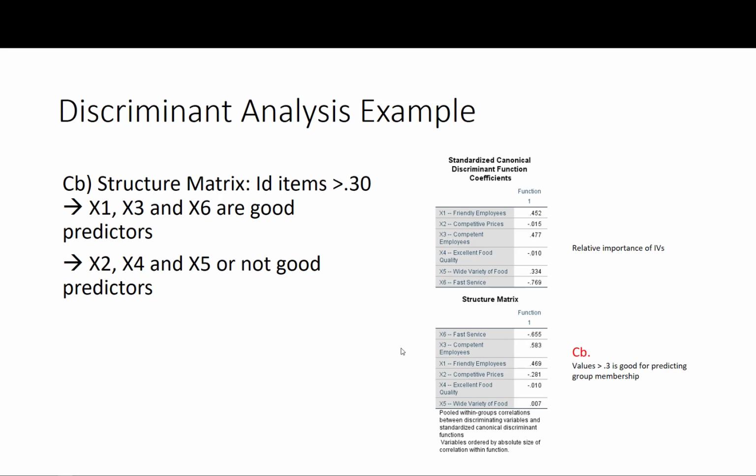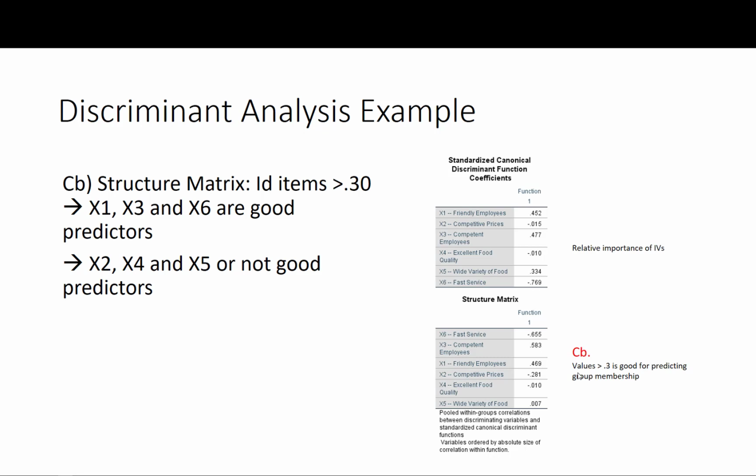However, we also then need to look at the standardized canonical discriminant function coefficients and the structure matrix. The structure matrix is the easiest to look at in terms of interpretation, so that's what I've listed here, but you can also look at the first table of the coefficients to look at the relative importance of the independent variables. But the structure matrix shows you basically the values in terms of goodness of predicting.